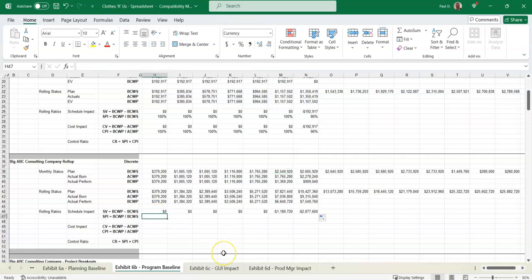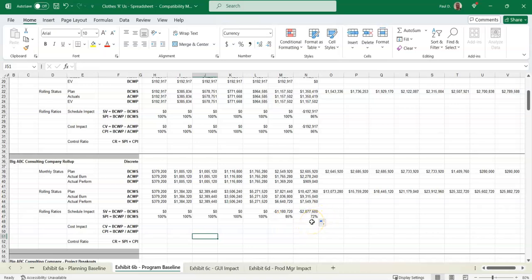So then SPI is BCWP divided by BCWS, and convert that to a percentage and then drag it across. And you can see for the first 5 months you are right on schedule, and now you're degrading. 85%, 72%, those are pretty bad.